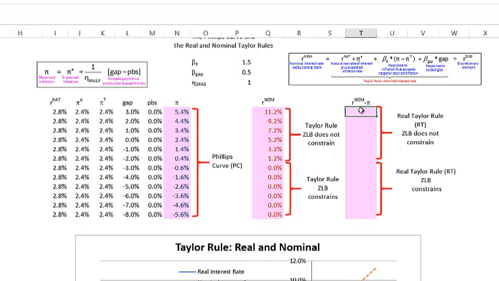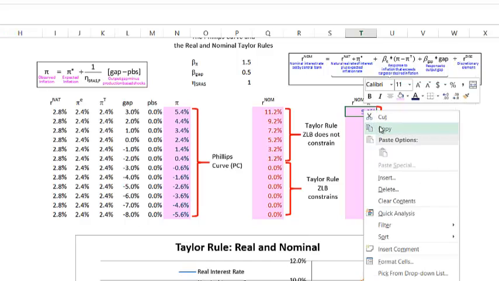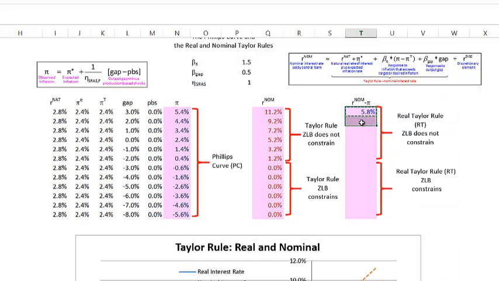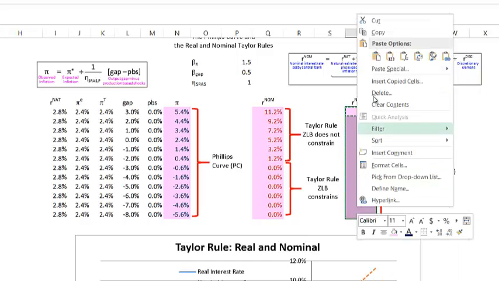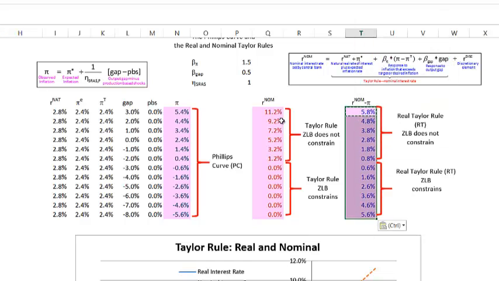Now we're going to compute the real Taylor rule. And what is the real Taylor rule? It's just the real interest rate, which is the nominal interest rate minus the inflation rate. Okay? And you will see here, for example, up top here, our nominal interest rate is 11.2, our inflation rate is 5.4, so our real interest rate is going to be 5.8.